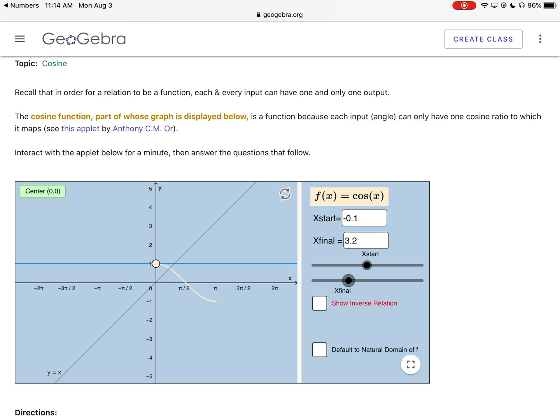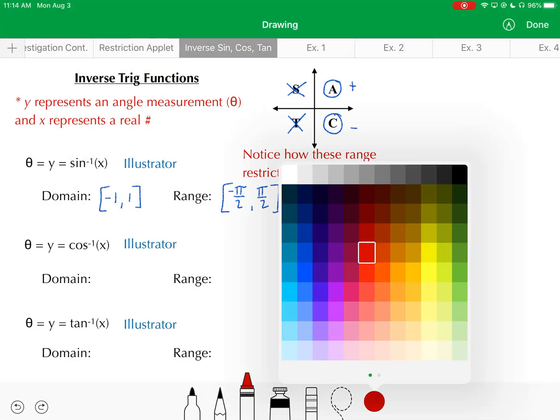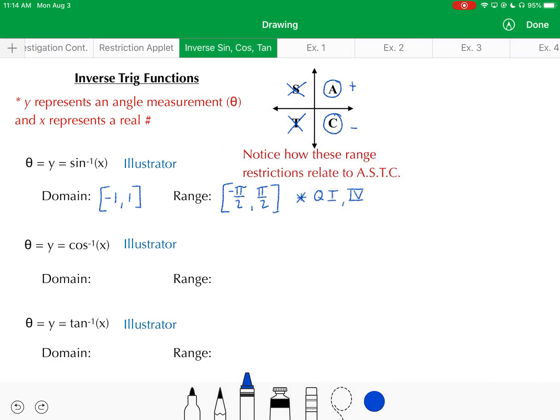That makes it one-to-one, so that its inverse is a function, okay? So the range for inverse cosine is from 0 to pi. Domain is from -1 to +1, all right?